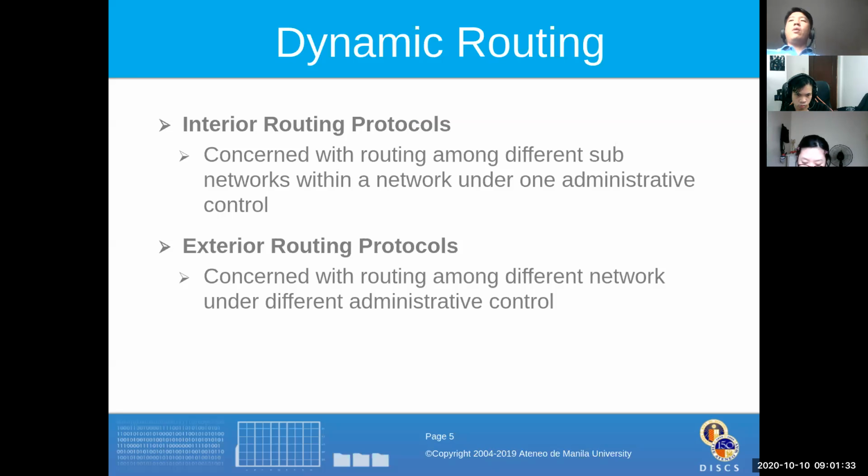So for example, whether you're talking about the Loyola Heights campus or the Rockwell campus or the Ortigas campus, it is administered by one administrator and it's managed as one. So anything between the routers inside Ateneo, if we wanted to use dynamic routing, we would use an interior routing protocol. Although in Ateneo, we use static routing because the network is relatively simple.